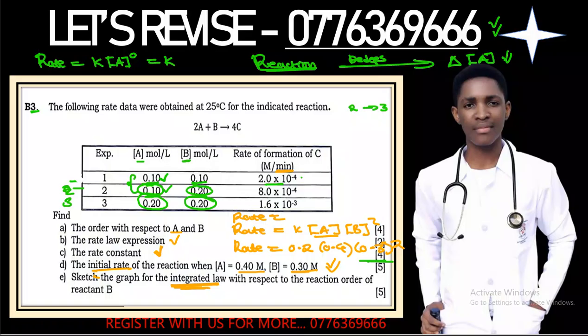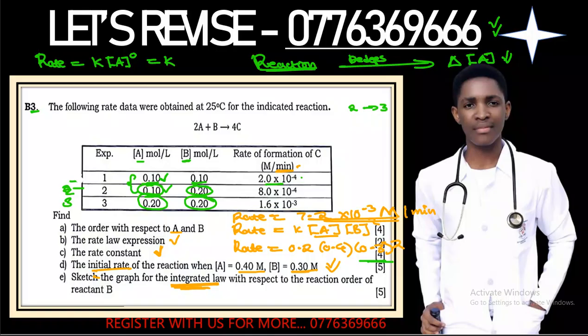It's going to be 7.2 times 10 to the power negative 3. The units for rate are molar per minute. You can even know that, since it's already given, it's molar per minute. That's how you find the rate.